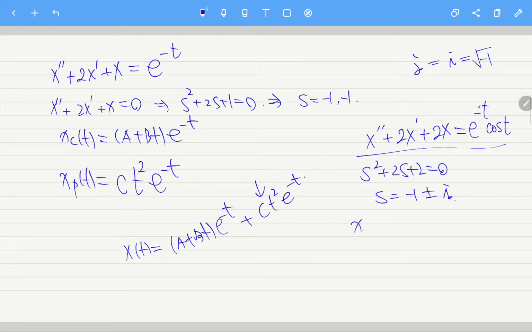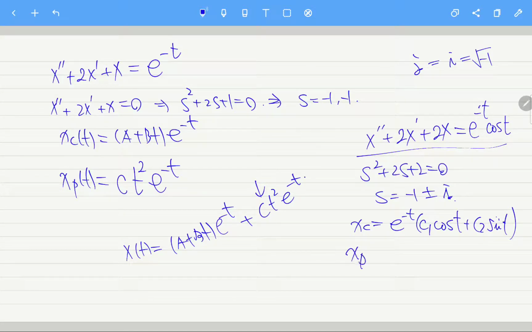In that case, the complementary solution will be exponential to minus t, sorry, we need to have the constants before that: C1 cosine t plus C2 sine t. So actually this term is the same as this one.